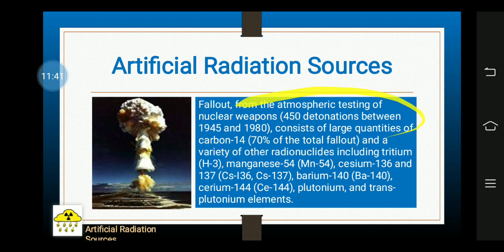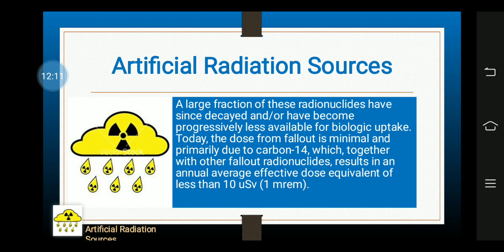Kaya we can say that there have been 450 detonations between 1945 and 1980 because the modernized agreement of the UN is already established, meaning there should be an agreement between two or more countries before they will use this radioactive fallout because this is very harmful. This will not only affect one country, probably it will affect generation to generation.